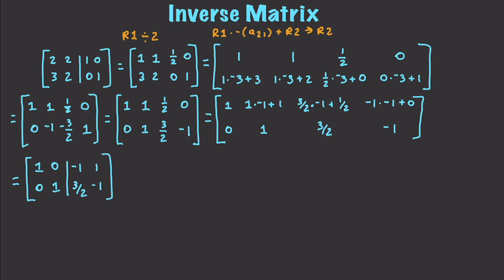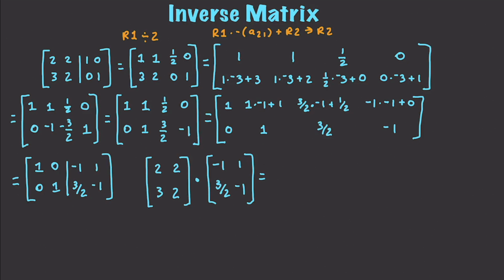And if we go and test this out, what we will get is 2, 2, 3, 2 times negative 1, 3 over 2, 1, and negative 1.